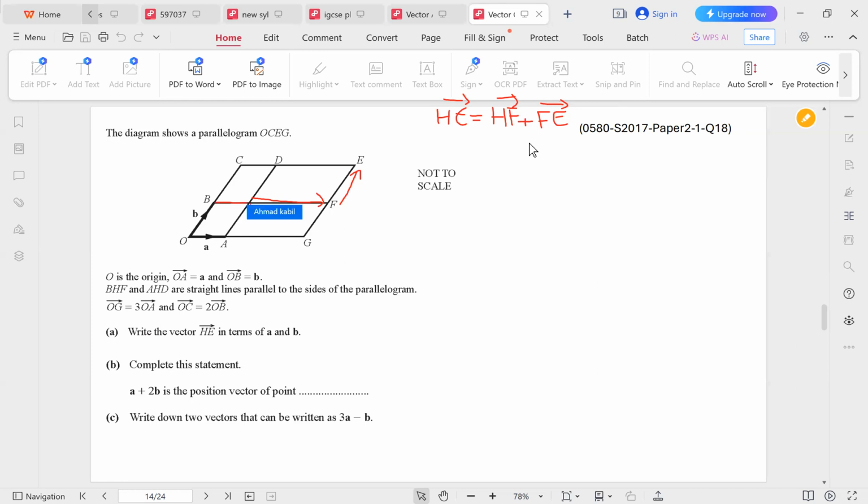So you can think of this part here as A, and you can think of this part here as B, and you can think of this part here as well as B. And of course, FE as well can be thought of as B. Because we are told that OC is equal to 2OB. So let me explain that in detail, but never mind that for now. So at least we know that AH is B and GF is B. But let's now use the ratios in order to figure out the rest.